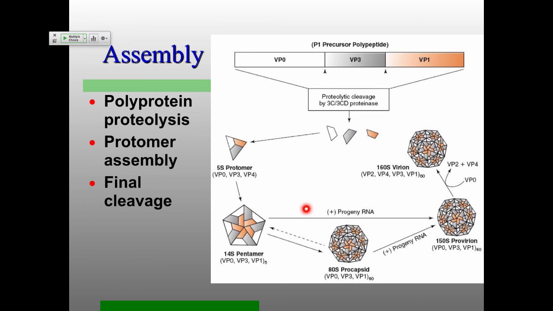What's important here is that this assembly process is not taking place between VP1, 2, and 3. It's VP0, VP3, and VP4. What the heck is VP0? VP0 is still a precursor which only gets cleaved when you have your final structure here.